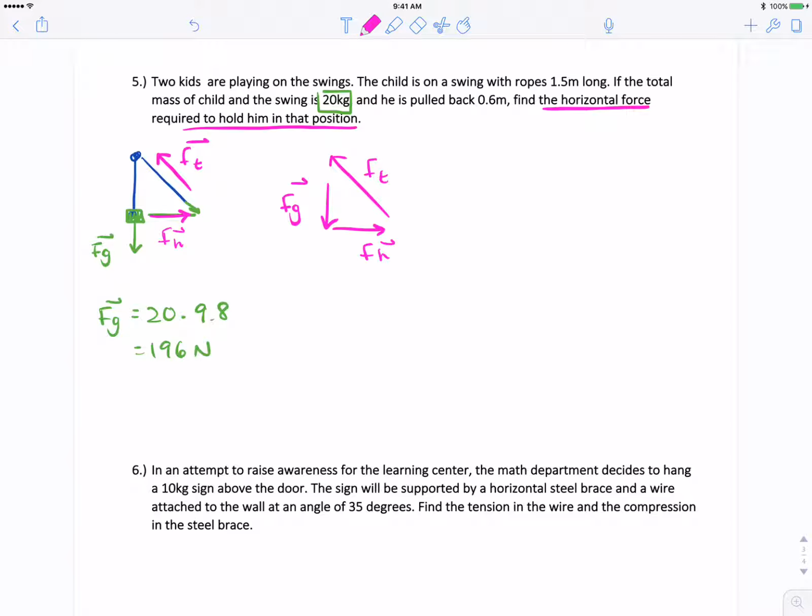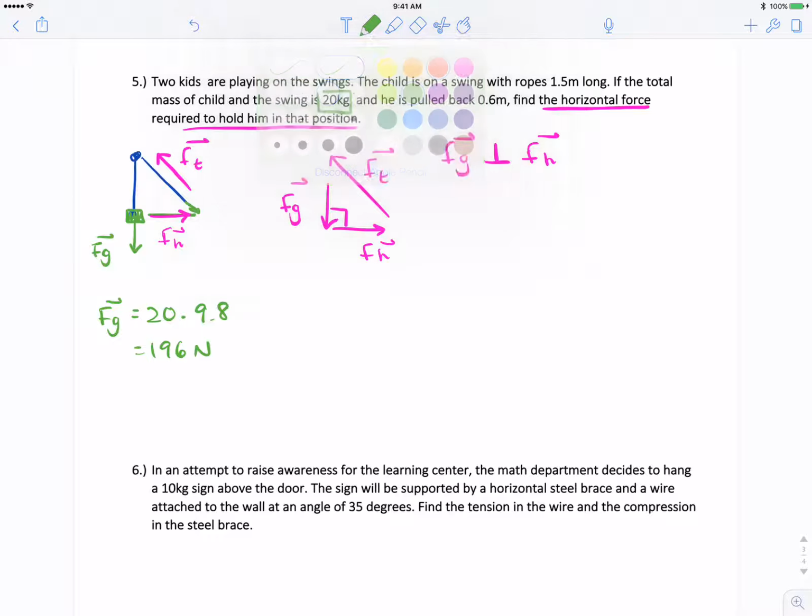So notice I've created that beautiful diagram, and my horizontal force and my gravitational force will be perpendicular to one another. So I automatically now have a beautiful, I'll write that F of G is perpendicular to F of H, which gives me that right-hand triangle.